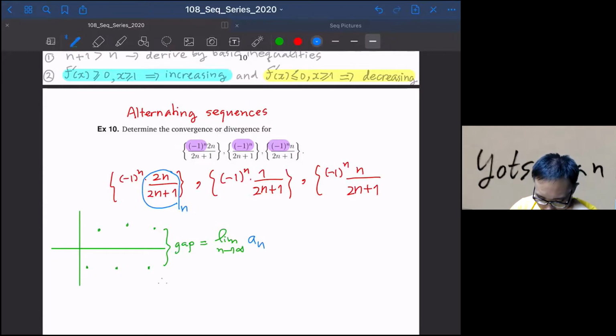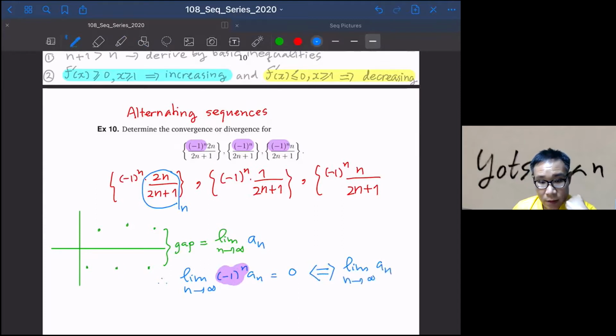So we have the limit as n goes to infinity of (-1)^n a_n, and (-1)^n is the purple guy here. This is equal to 0 if and only if the limit as n goes to infinity of a_n, which is the gap, is equal to 0.